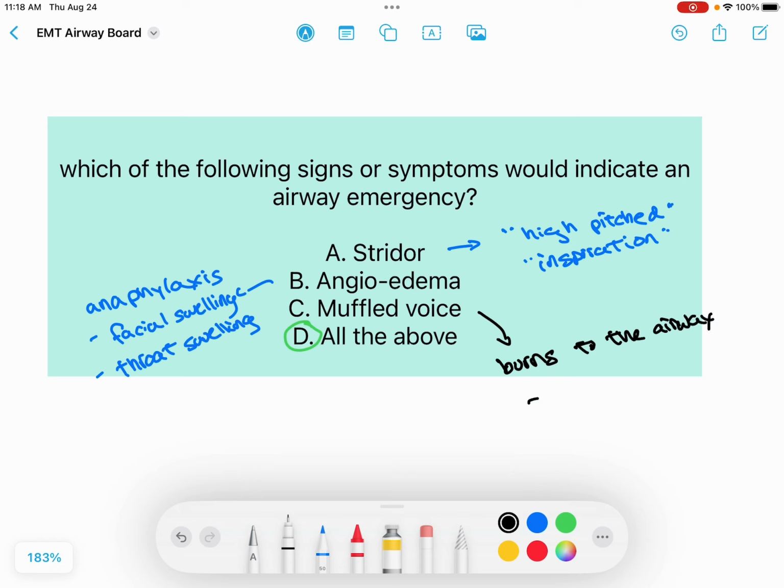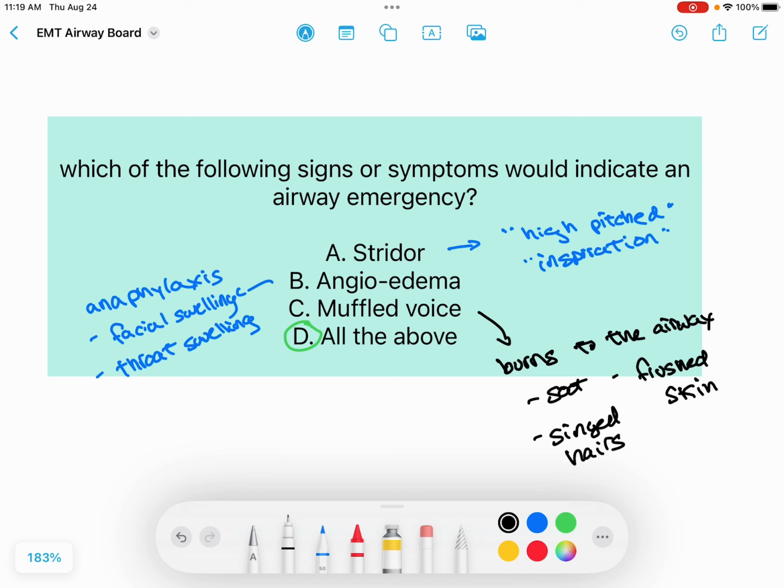If they mention other things like soot around the mouth and the nose, they show signs of flushed skin related to a structure fire or something like that, right? Or singed hairs is another one.